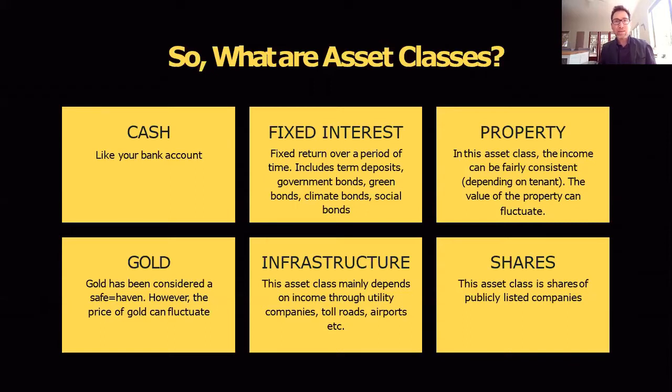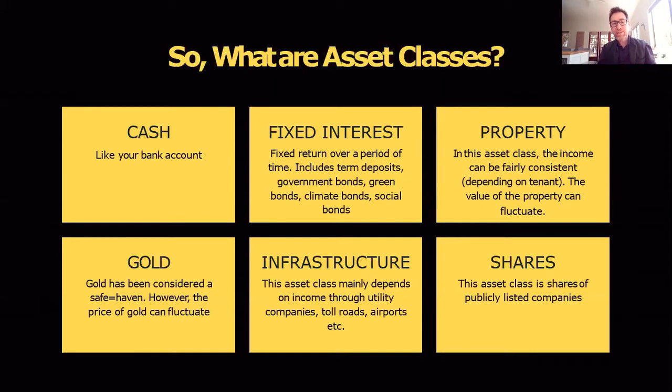This is because it has an inverse relationship to shares. So whenever the share market starts to fall, people historically have moved into gold, and so gold tends to go up when the share markets are falling. But I'll go into this a little bit later as well.